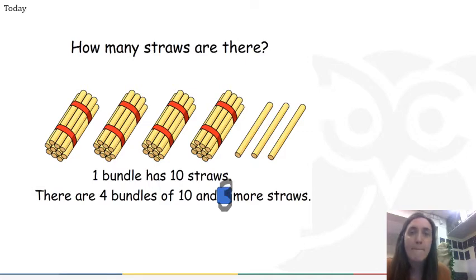Can you make your objects into 4 groups of 10 and 3 more? Pause the video while you do this. Once you've done that, how many do you have altogether?